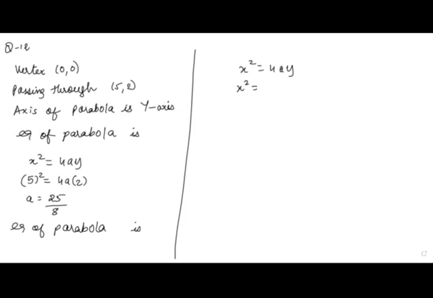Therefore, x square is equal to 4 into 25 by 8 into y. You can cross multiply and simplify it if you want, but I will keep it as it is. The equation of parabola will be x square is equal to 25 by 2 y.